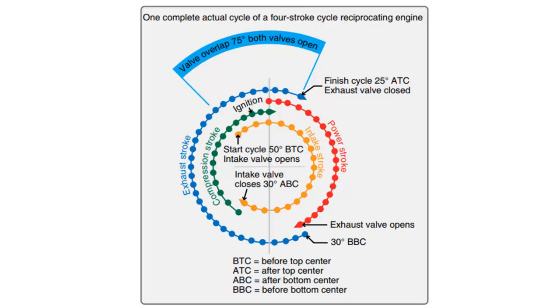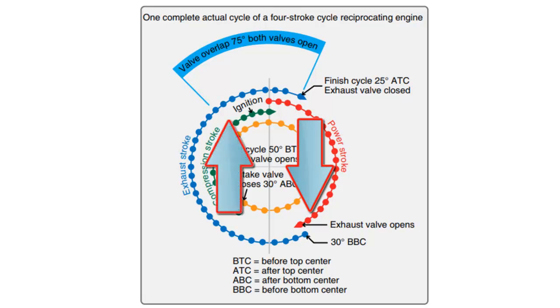So if we start here at the beginning on the intake stroke, you'll notice that the intake valve is open a little bit before bottom center. And so what this represents is everything on the right side of this diagram is with the piston moving down in the cylinder. Everything on the left side is with the piston moving up.